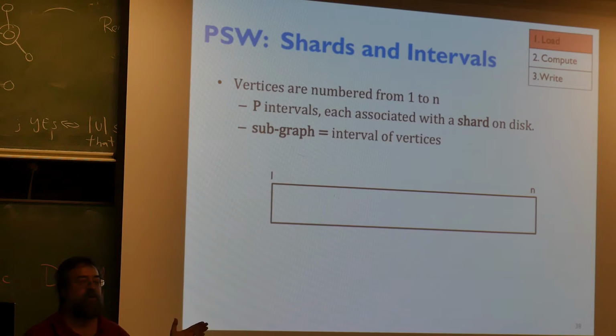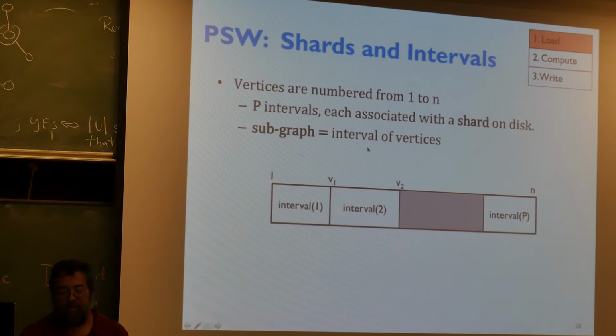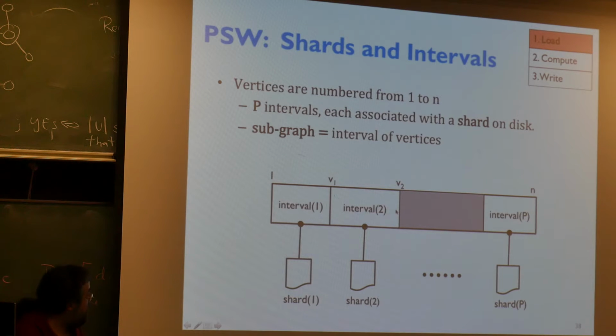So I sort all the URLs by their lexical value, just put them in alphabetical order. I'm going to construct something I call a shard, which is just an interval of those: IDs between 1 and 100, then between 100 and 200, and so on. Each one of these is called a shard.